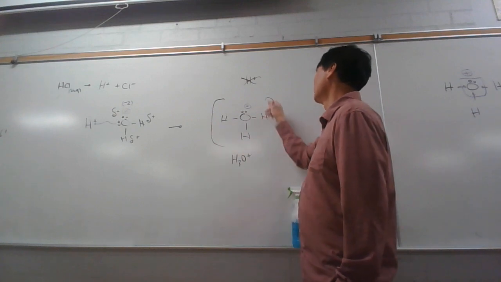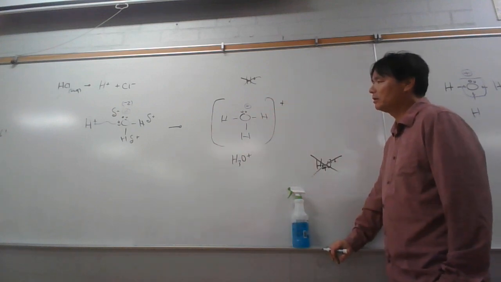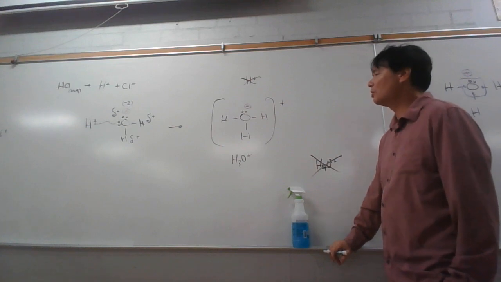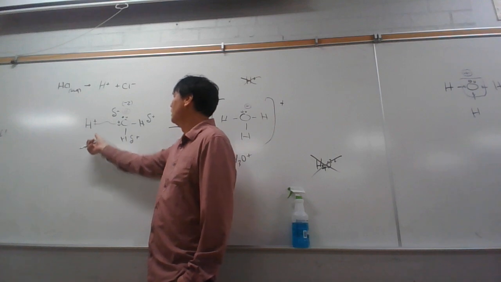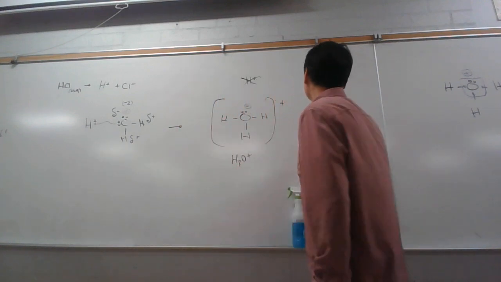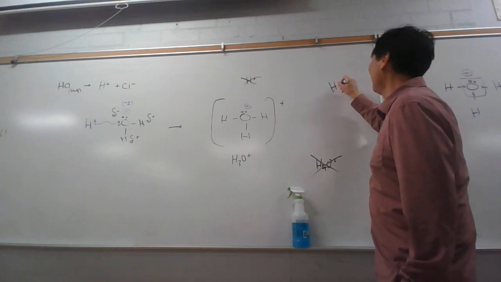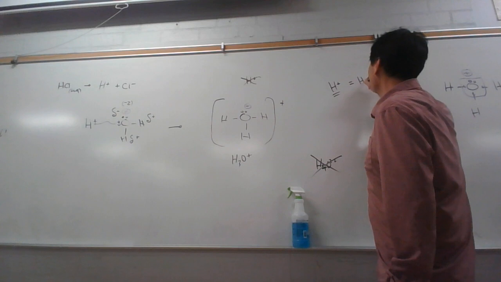And write the net charge out here. So we form hydronium. Hydronium is much more stable than H+. H+ is too unstable, but hydronium is a bit more of a pain to write out. So in this class, I'm often going to write H+, but what I mean is H3O+.